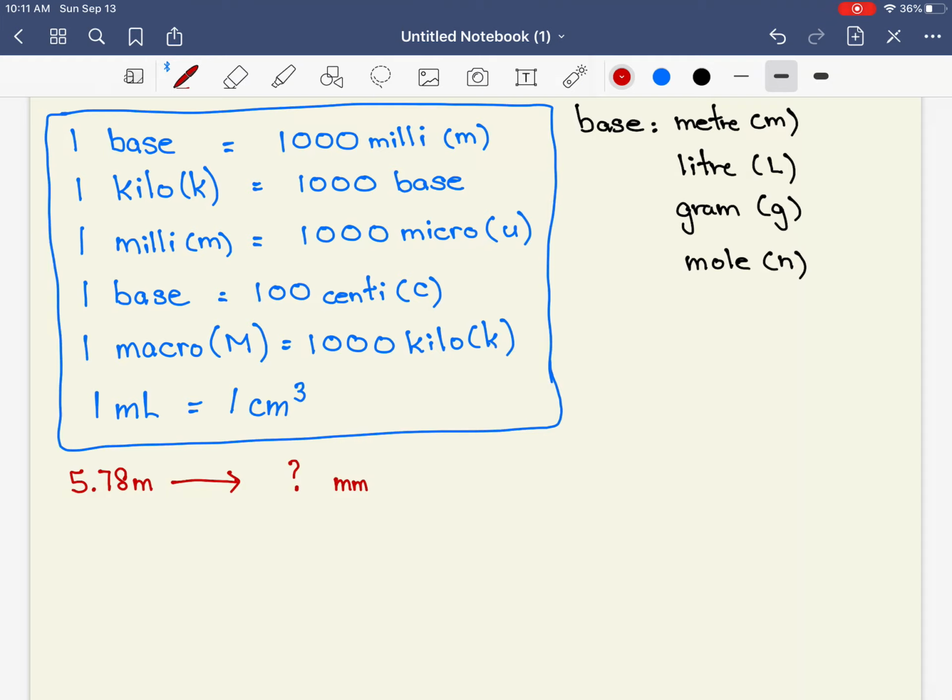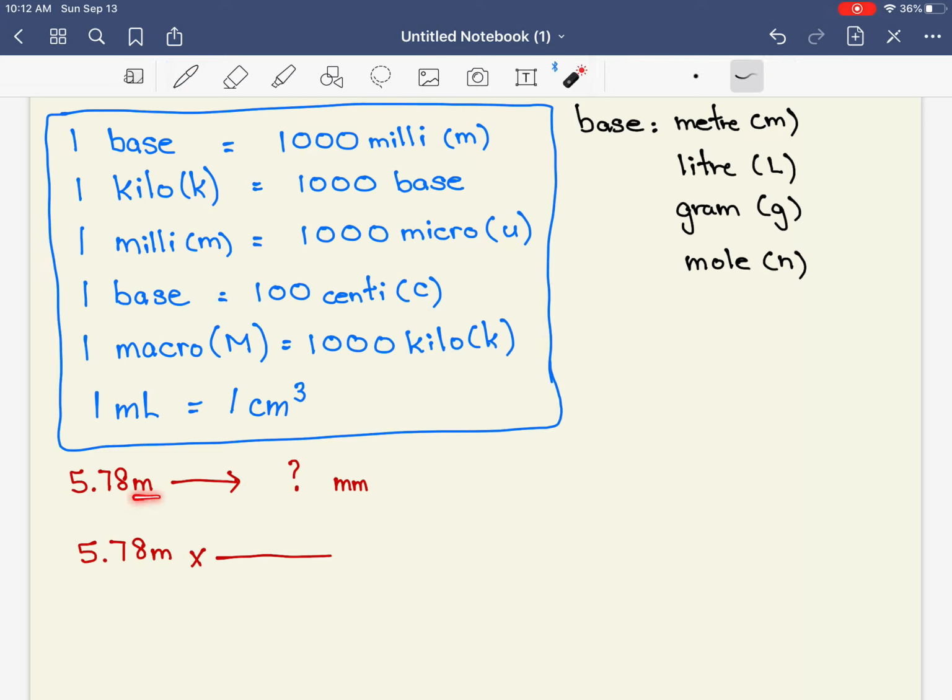What are you going to do? The idea here is very, very simple. Just knowing how to set up your equation and you've got the trick. So you have 5.78 meters, and you're going to multiply that by a fraction. Now, what's important here is what goes on the numerator and what goes on the denominator.